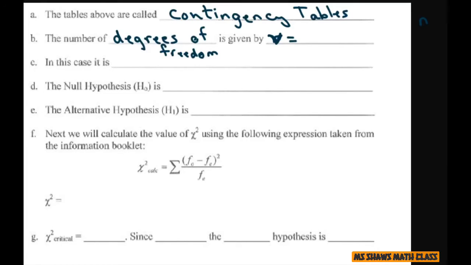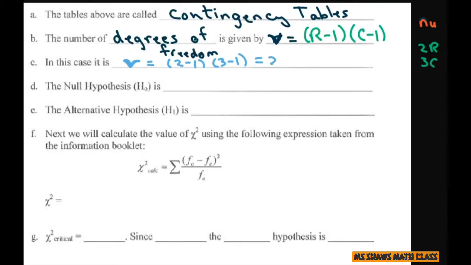It's called nu. And that's your rows minus 1 times your columns minus 1. Remember, we had 2 rows and we had 3 columns. So in this case, nu equals 2 minus 1 times 3 minus 1 equals 2.